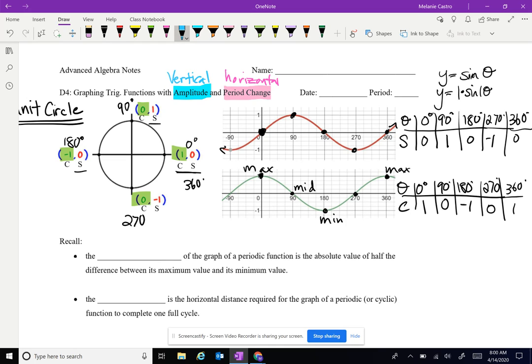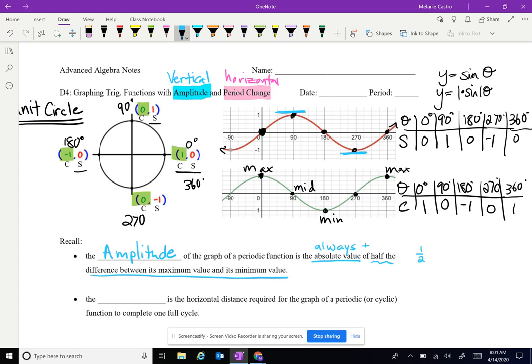If we're remembering, the amplitude of our functions is the absolute value, because it has to be positive if we're talking about distances. That's half of the difference between the max and the min. Both of these have a maximum of 1 and a minimum of negative 1, so that distance is 2.